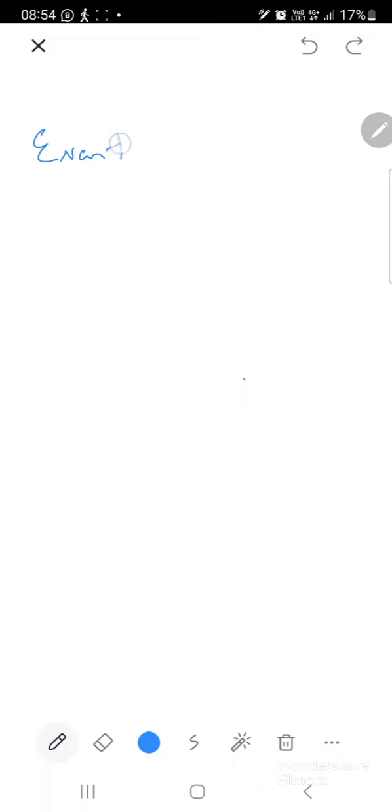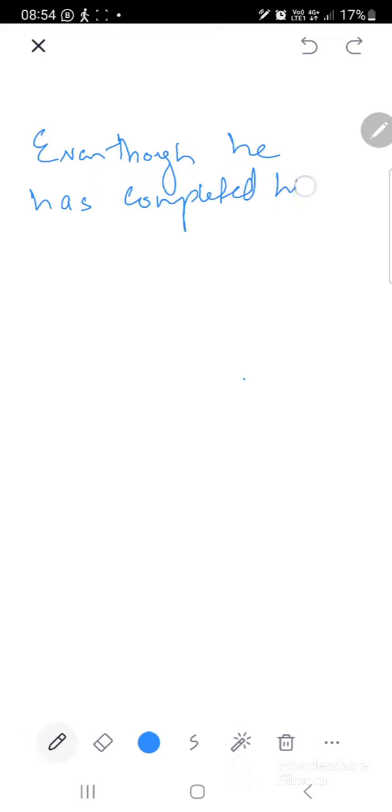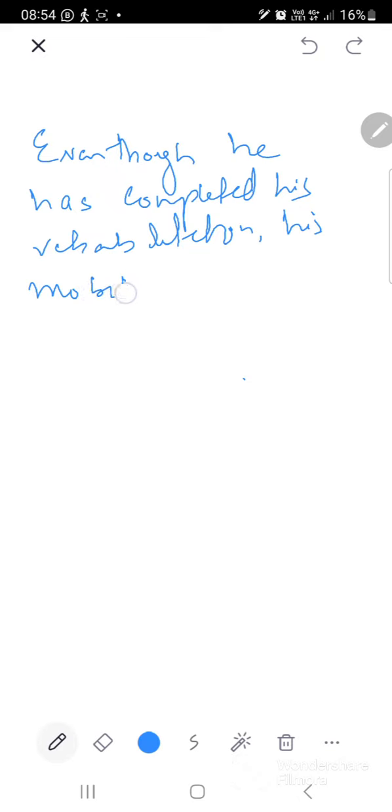Even though he has completed his rehabilitation, his mobility is still compromised.